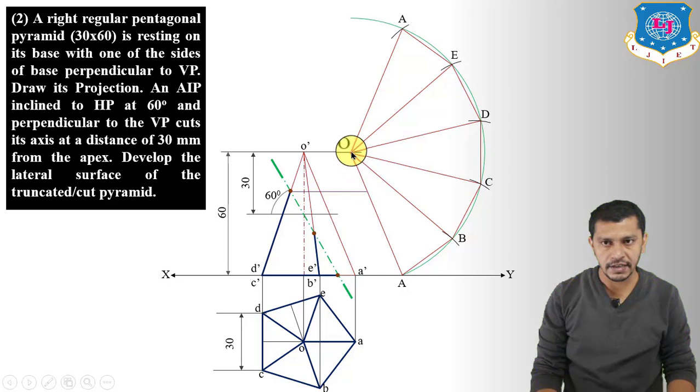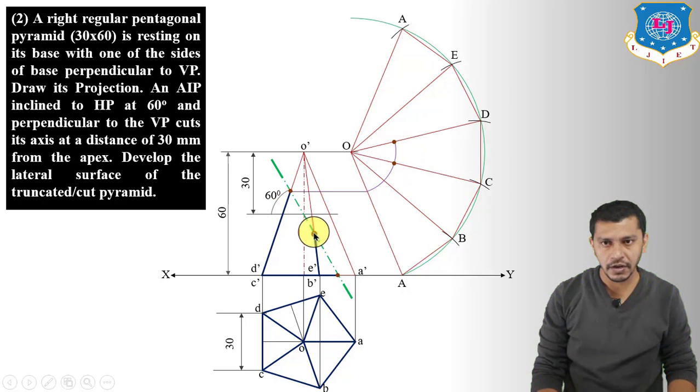Now take center at O, measure the radius of this distance from O and give an arc like this. We have to take the intersection of this arc on the slant edges OC and OD. So mark the intersection point of this arc on OC and OD slant edges.